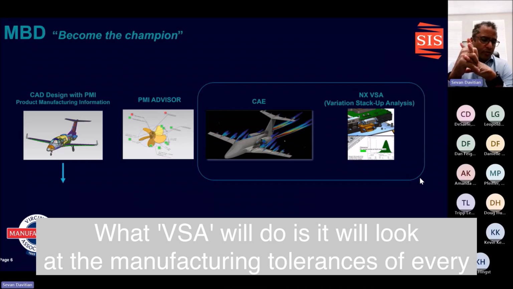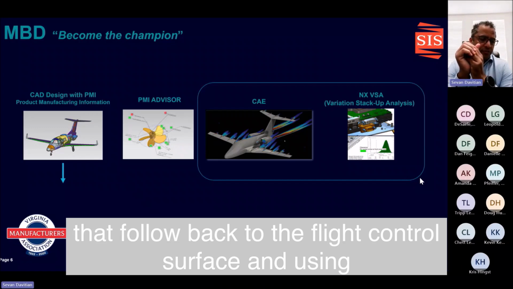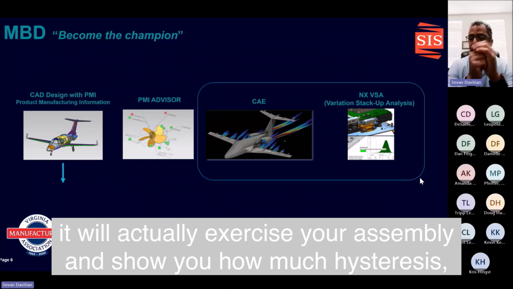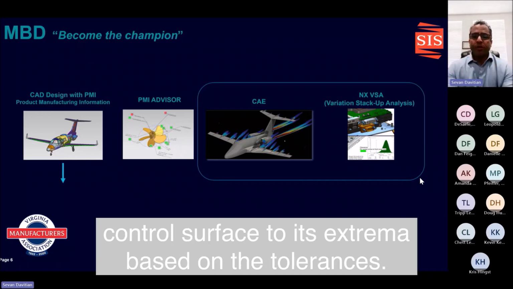What VSA will do is look at the manufacturing tolerances of every single link between the pilot's hands to the yoke and all of the links that follow back to the flight control surface. And using the feature control frames, using all of those tolerances, it will actually exercise your assembly and show you how much hysteresis, how much deviation there might be from the neutral position of that flight control surface to its extrema based on the tolerances.